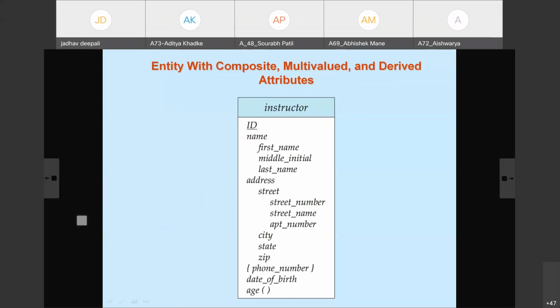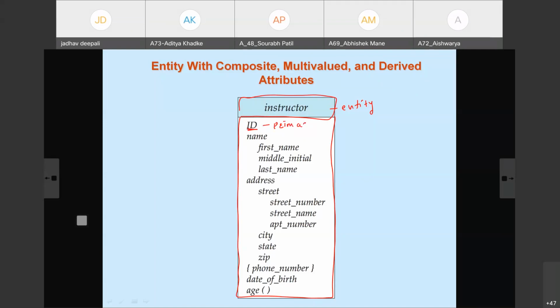An entity set instructor is represented as a divided rectangle with two parts. The first part is the name of the entity set and the second part is all the attributes of that entity set. First is the ID, which is underlined, meaning it is a primary key.